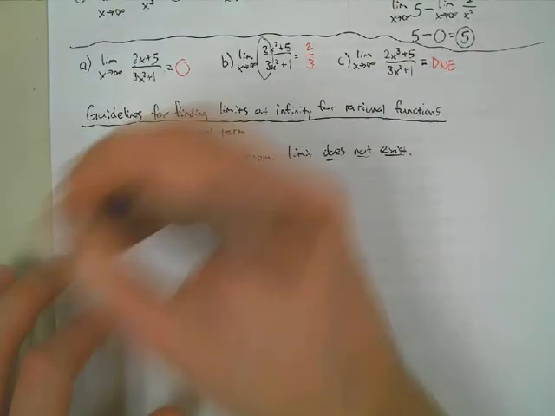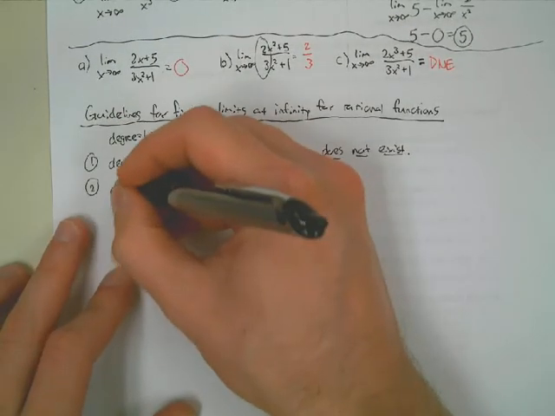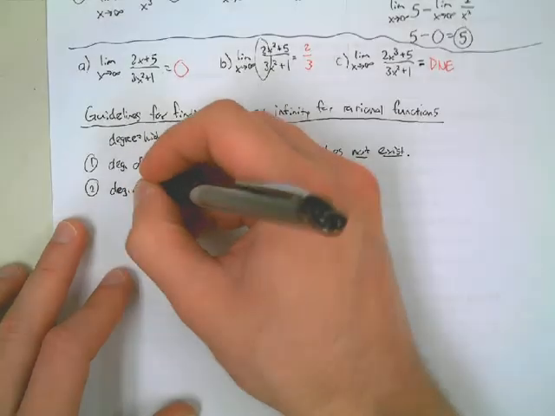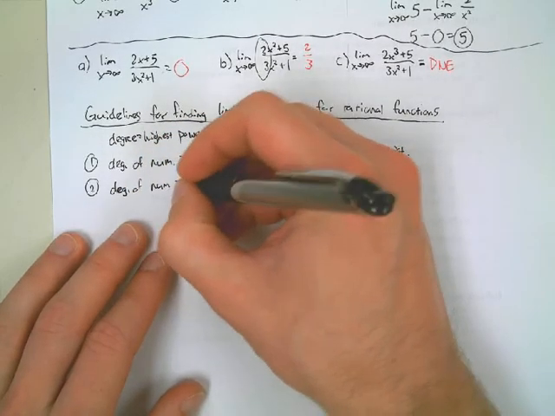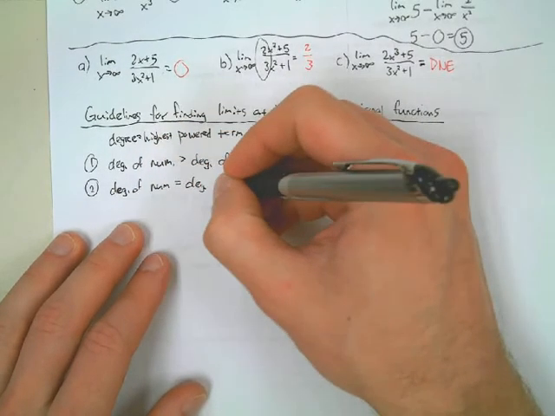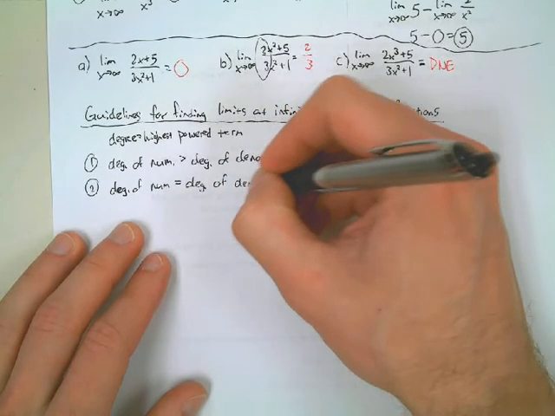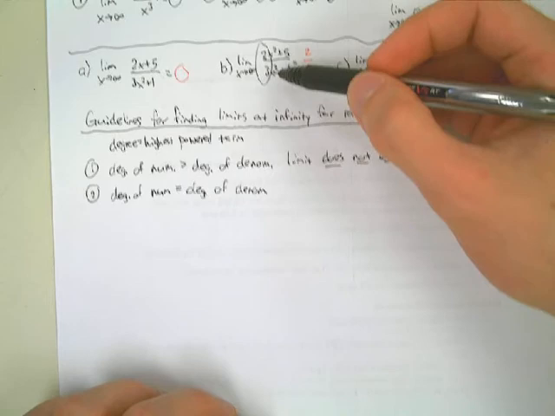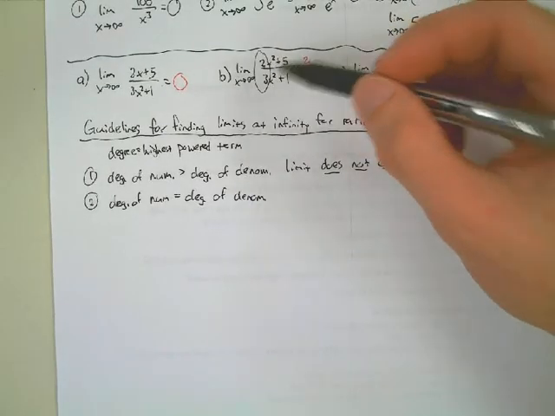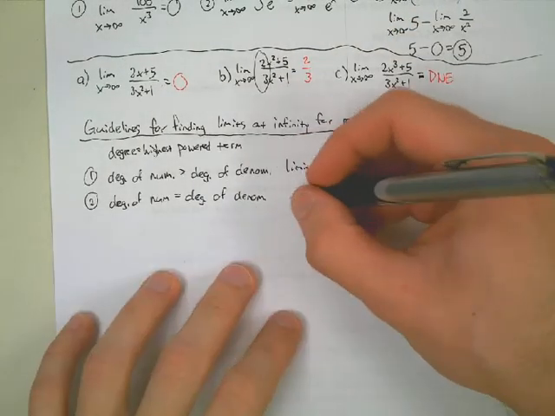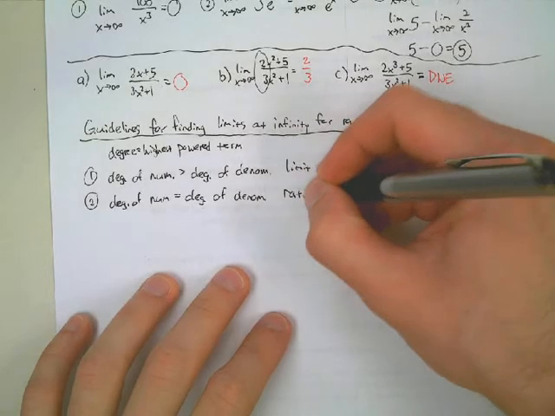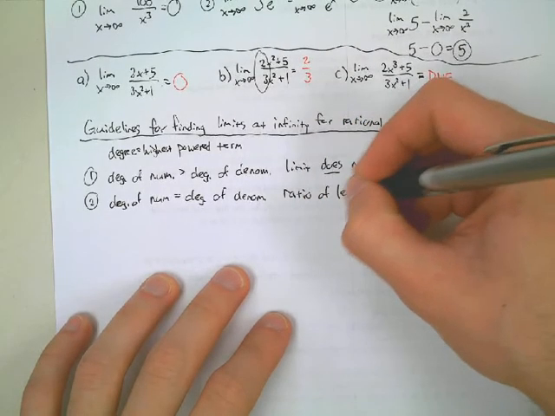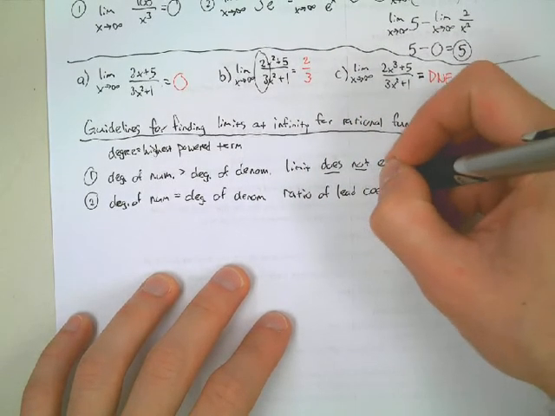If the degree of the numerator equals the degree of the denominator, it's the ratio of these lead coefficients, so 2 over 3 in letter B's case, the ratio of lead coefficients, is the limit.